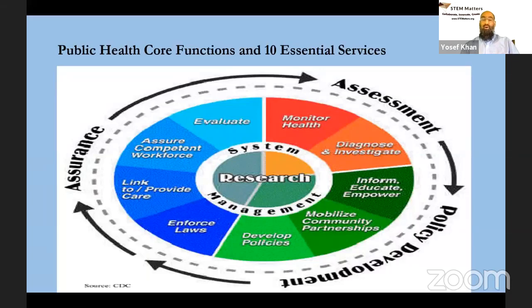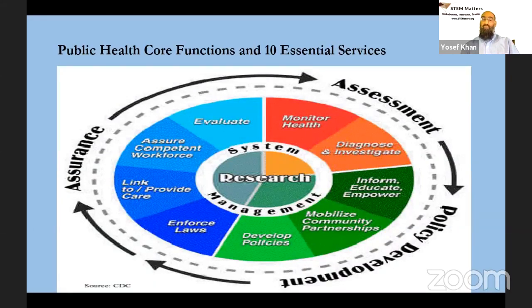We then develop policies, taking in consideration the amount of education that has been given, taking in consideration the resources that are available. Once those policies are developed, we enforce the laws. We link it to providing care, making sure that the adequate health services are there.